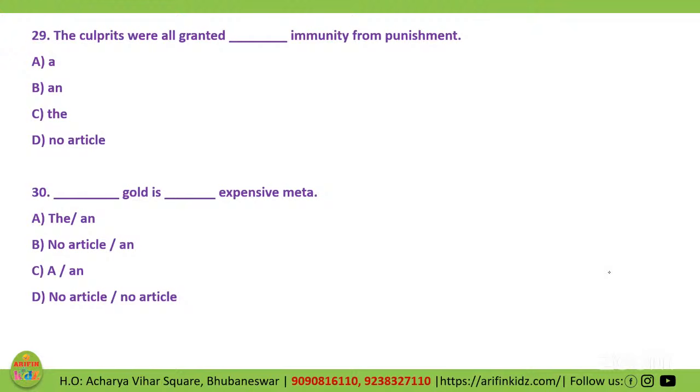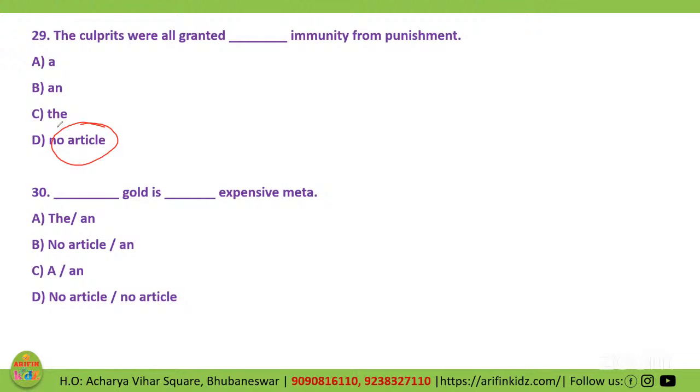The culprits were all granted dash immunity from punishment. What can be the answer of this? Yes, 29 is D. The culprits were all granted immunity. It does not require any article. Question number 30. Tell me the answer. 29 is D. Yes, correct. Superb.